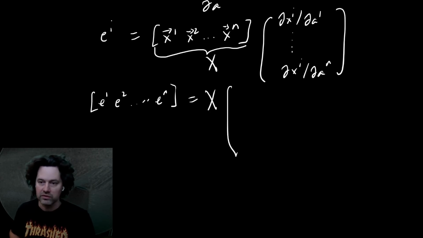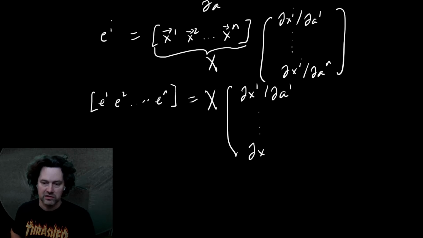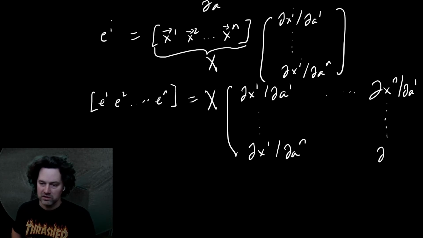and we have here dx1/dA1, down to dx1/dAn, all the way over to dxn/dA1, dxn/dAn.